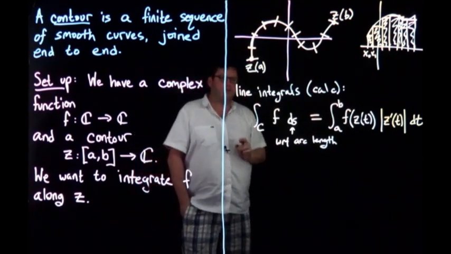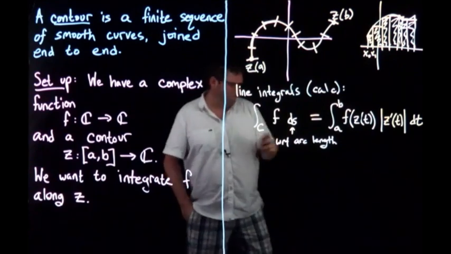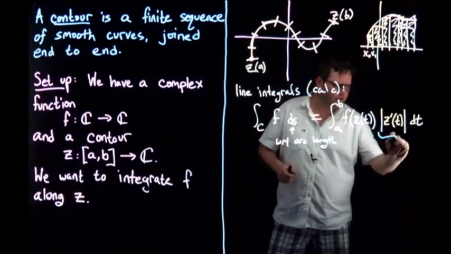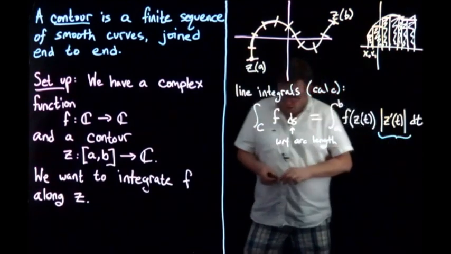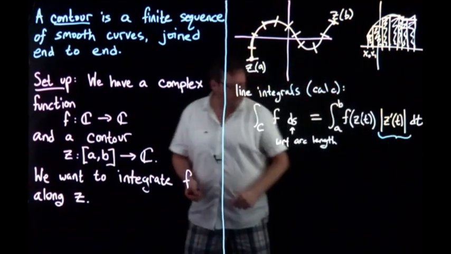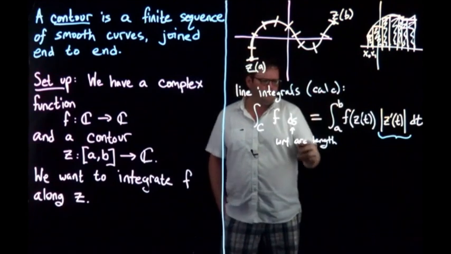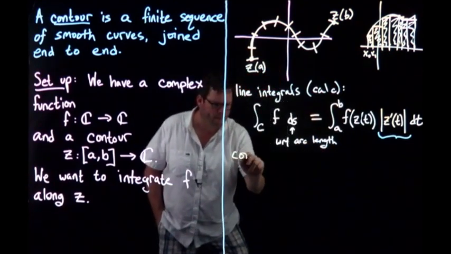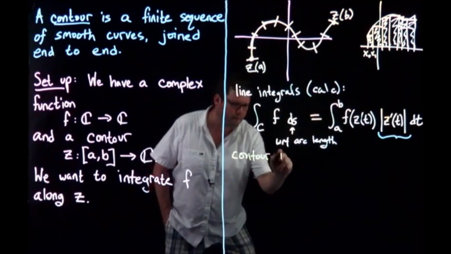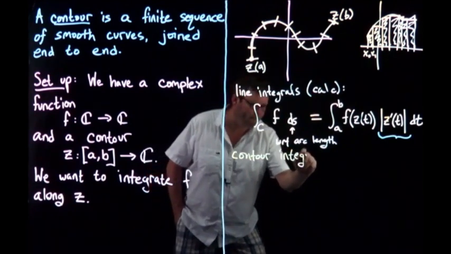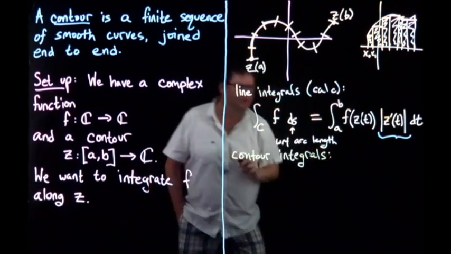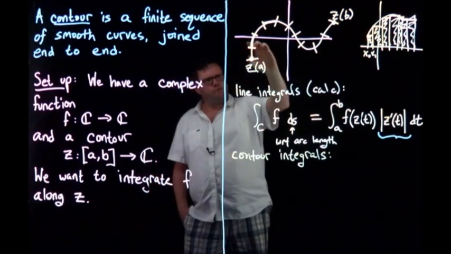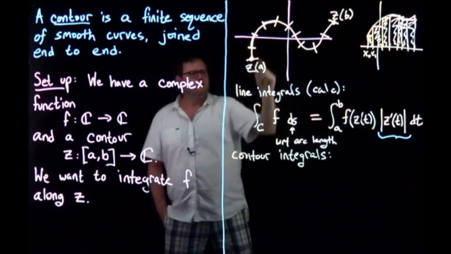Now, contour integrals are a little bit different, and the difference comes up right here. In Calc 3, we integrated with respect to arc length, but now we're going to integrate with respect to the actual change in z.